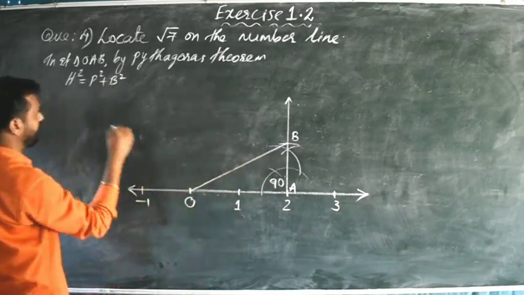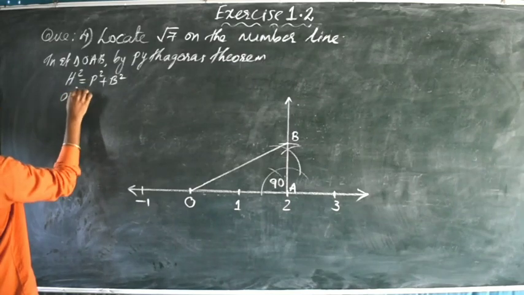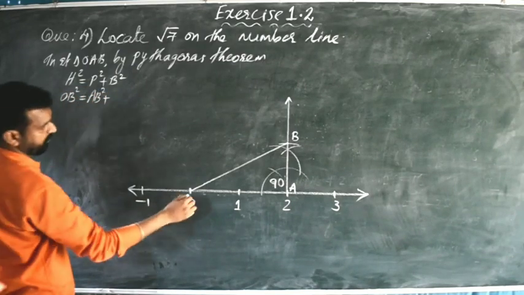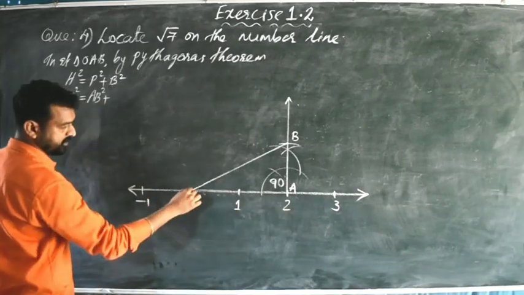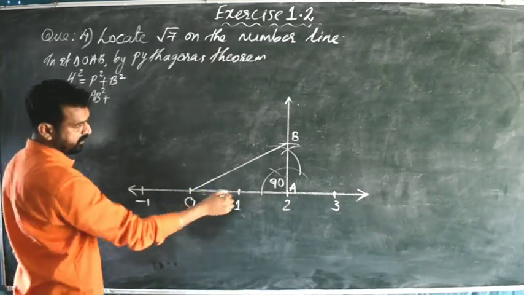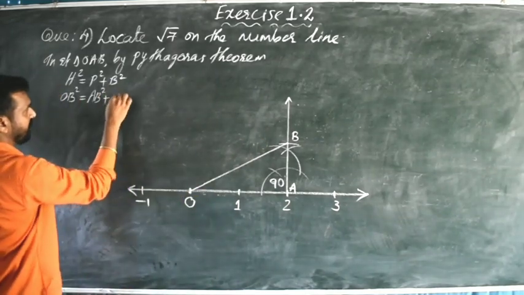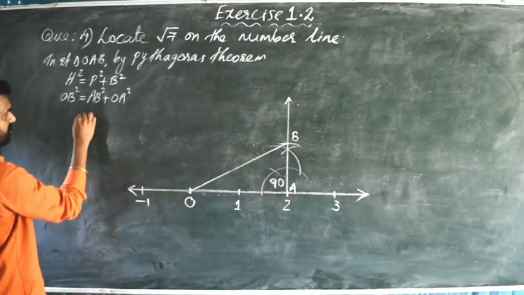Hypotenuse is here OB, therefore OB square is equal to perpendicular AB square plus base OA square. This one is actually point 0, but in this figure we will consider it as O.